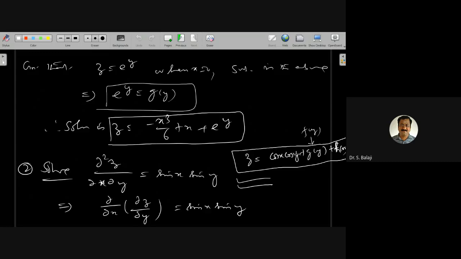Suppose you have a derivative like this: dou z by dou x plus dou square z by dou y square equal to e power y something.